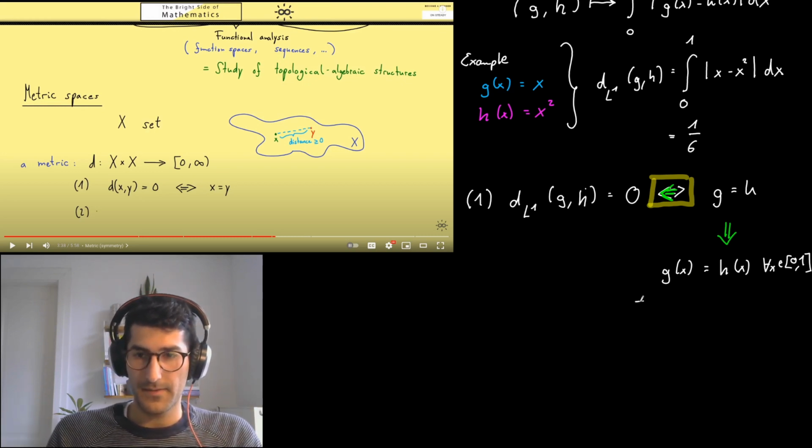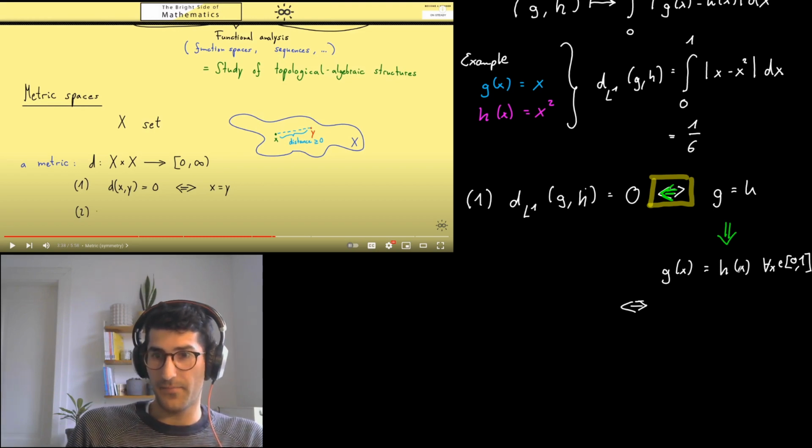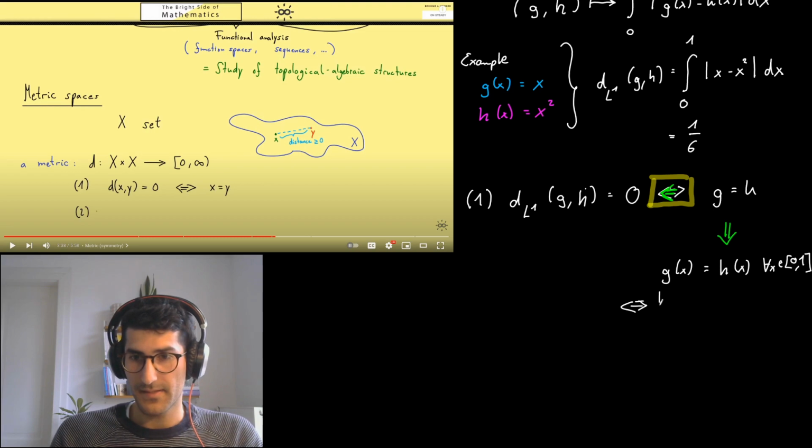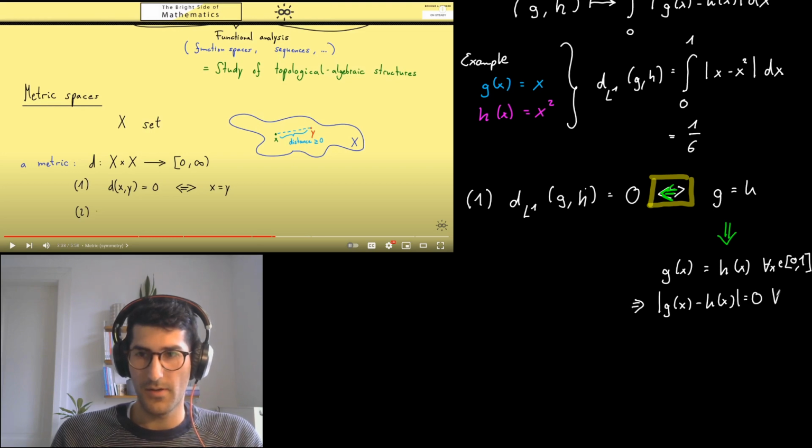If g of x equals h of x, this means that the absolute value of g of x minus h of x equals 0 for all x in 0, 1.